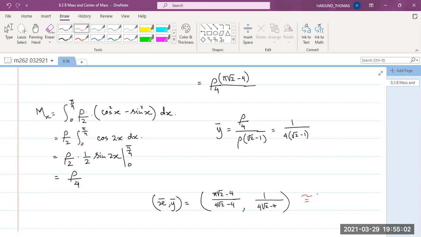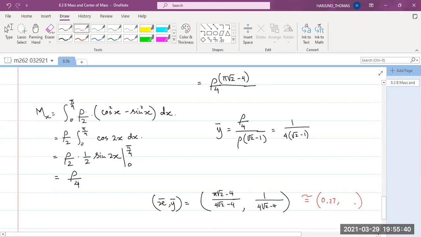Pi square root of 2 minus 4, divided by parentheses 4 times square root 2 minus 4. So I get, this is 0.27 approximately.